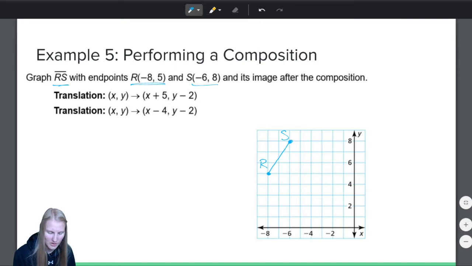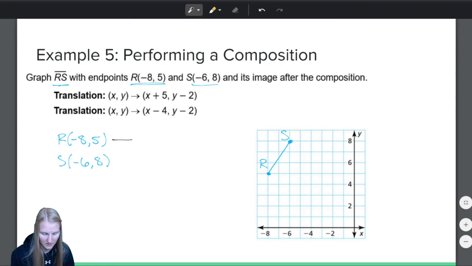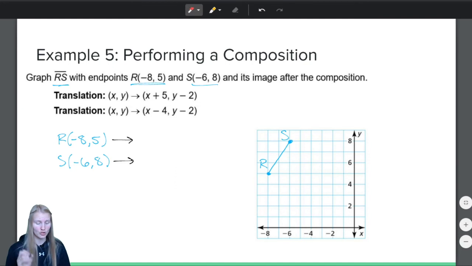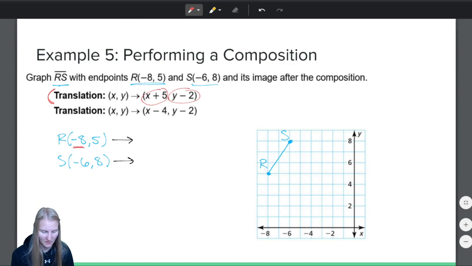This is our pre-image. We're starting with R, negative 8, 5, and S, negative 6, 8. Then we are moving to the image using the first translation they gave us. So x plus 5, y minus 2. Now, if I take negative 8 and add 5, I get negative 3.